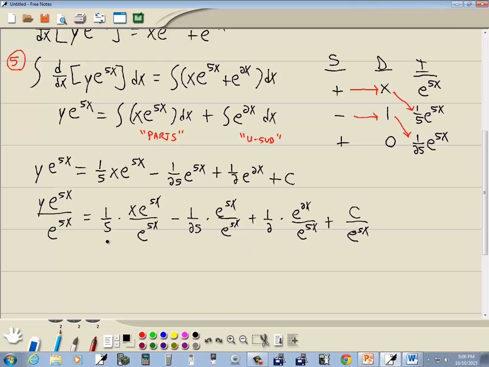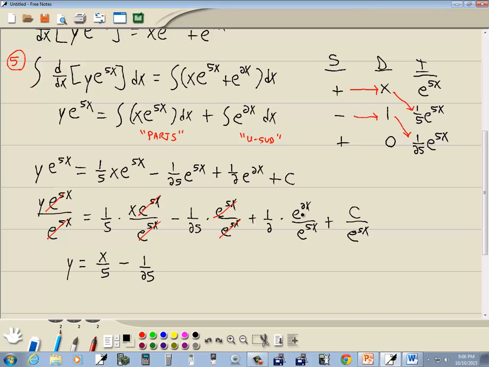So I'm dividing everything by e to the 5x. Well, those are going to cancel, those will cancel, and those will cancel. So we got y is equal to 1 times x is x. We got x over 5, or 1/5 x, minus 1/25.